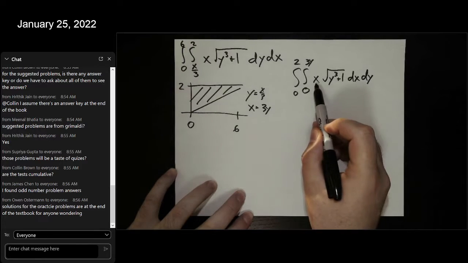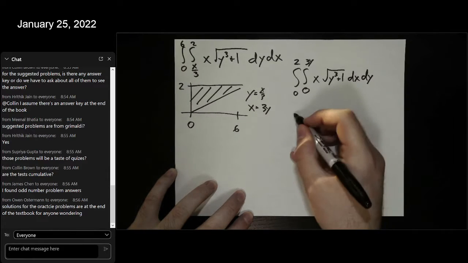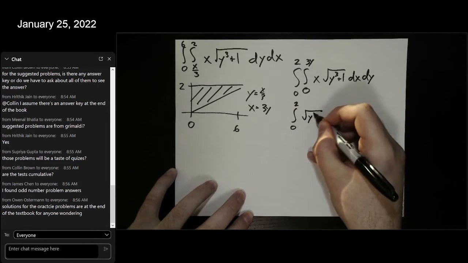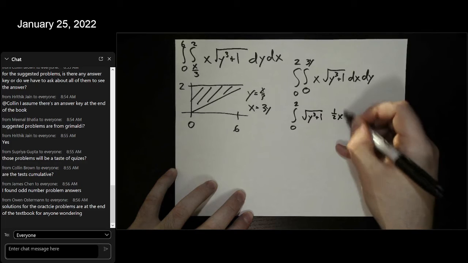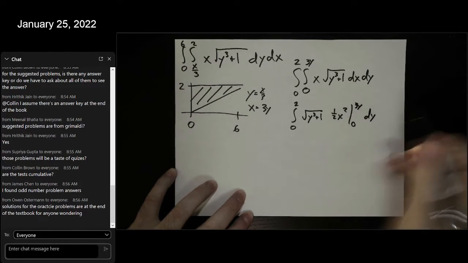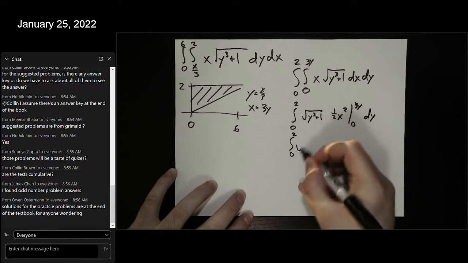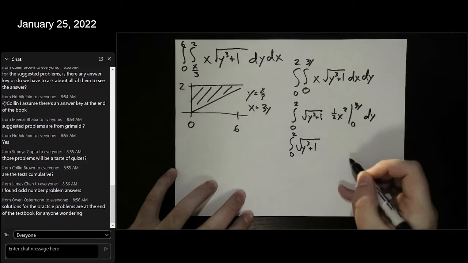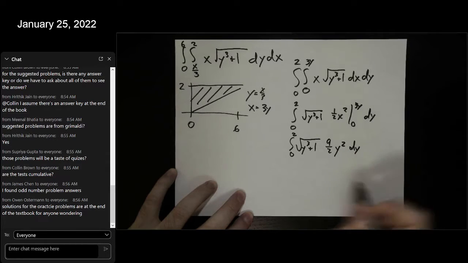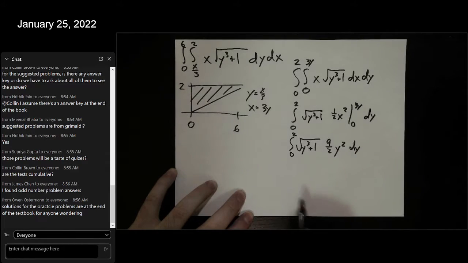Now I can easily integrate x, this stays constant, to get the integral from 0 to 2. This stays constant, and I get 1/2 x squared evaluated from 0 to 3y, dy. Evaluating that is going to give me square root of y cubed plus 1, 9/2 y squared dy. This is set up beautifully for a nice u substitution.